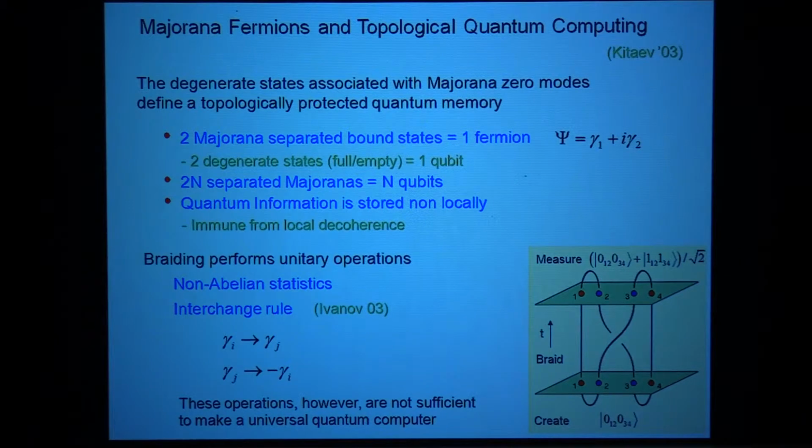Okay, and so again, the idea is that two of these separated Majorana bound states defines a single Dirac fermion, if you will, which has two states. It can either be occupied or empty.